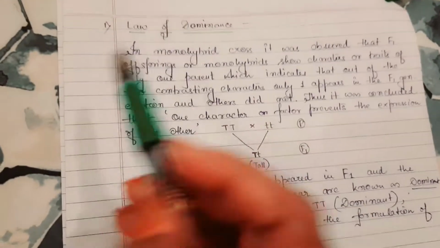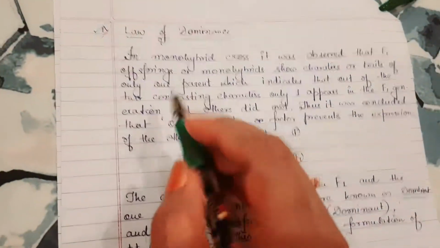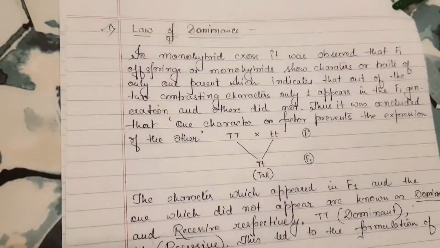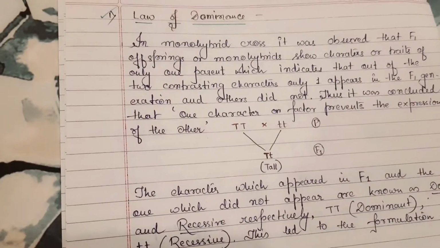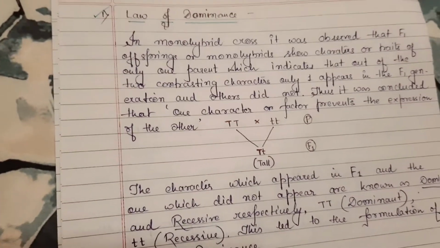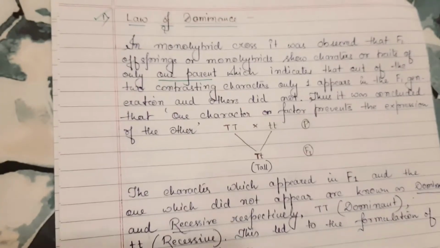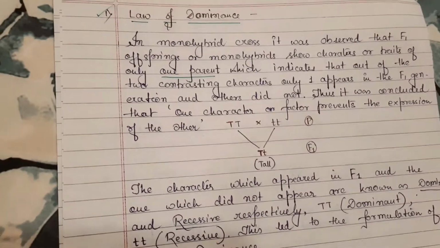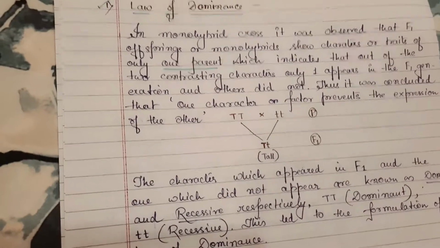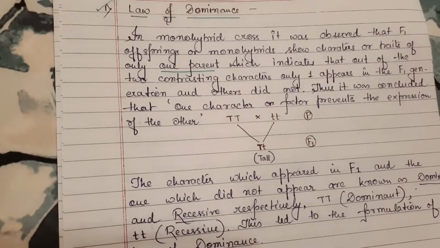So let's start with law of dominance. Correct? In monohybrid cross, it was observed that F1 offsprings of monohybrids show characters or traits of only one parent, which indicates that out of the two contrasting characters, only one appears in the F1 generation and others did not.